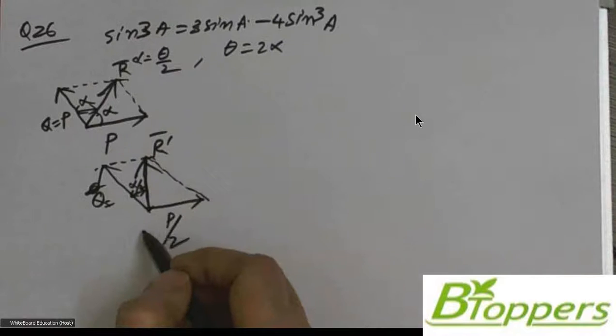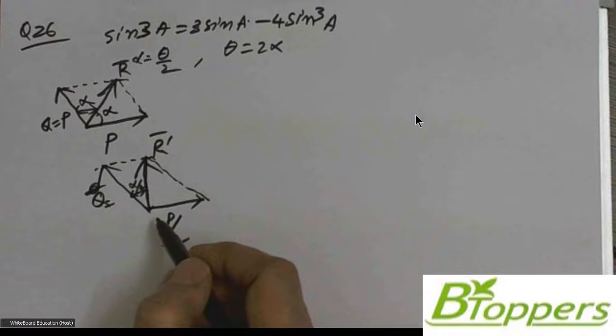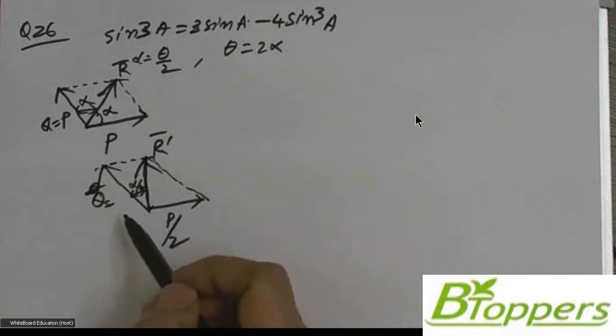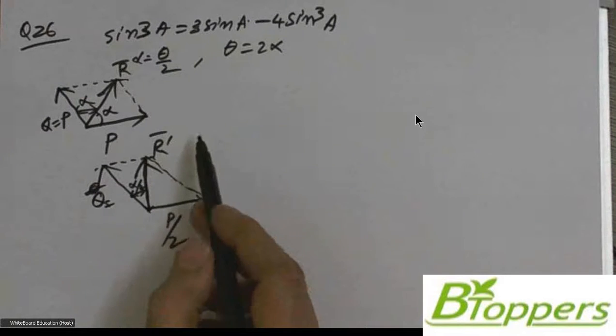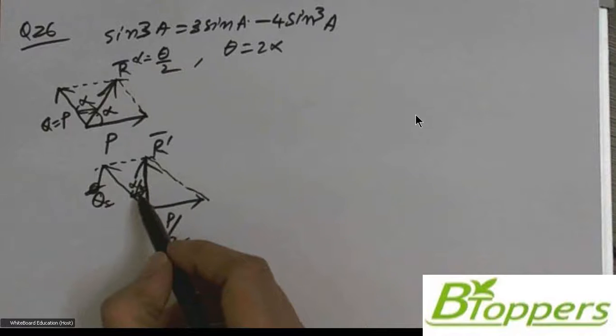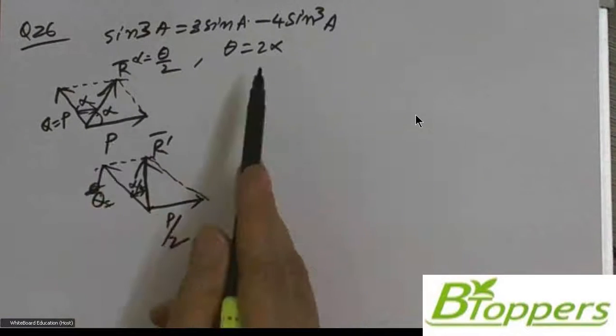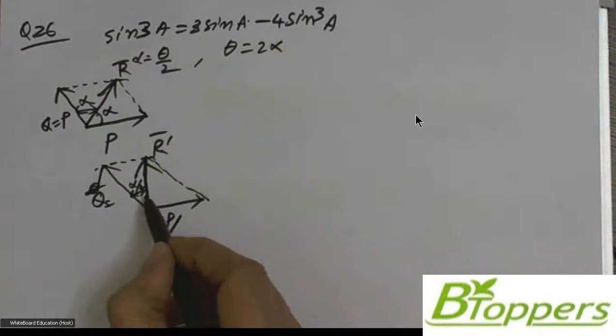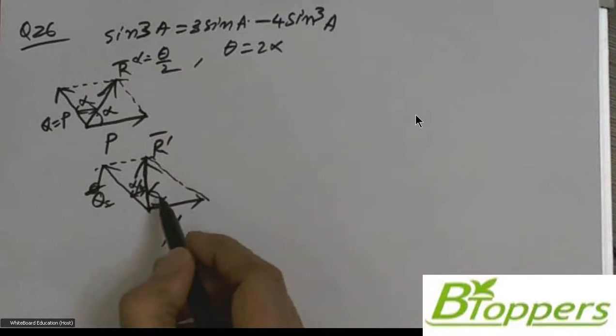So in this figure, to find the angle between the two forces, you have to find alpha. Here the total angle between the two forces is 2 alpha. So this is alpha by 2.